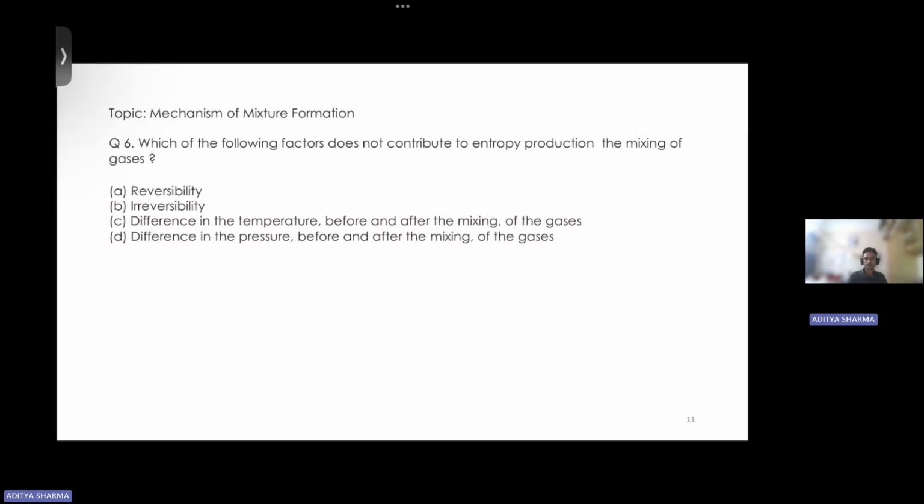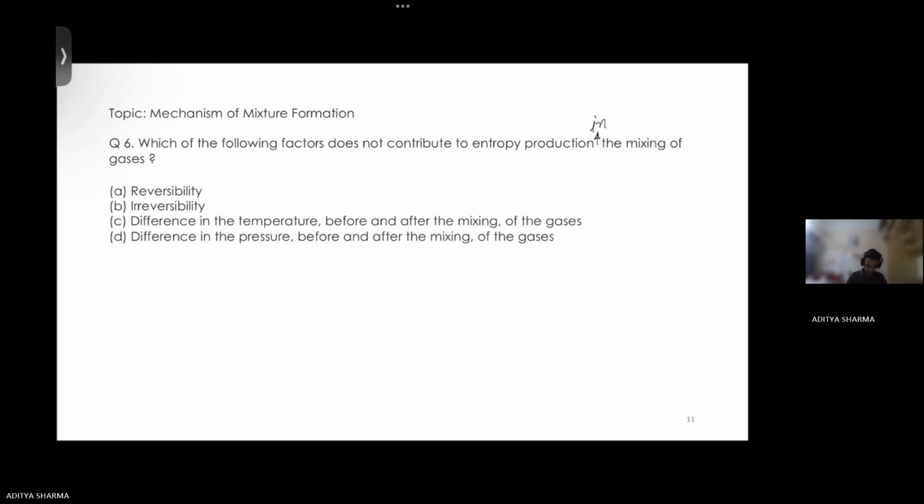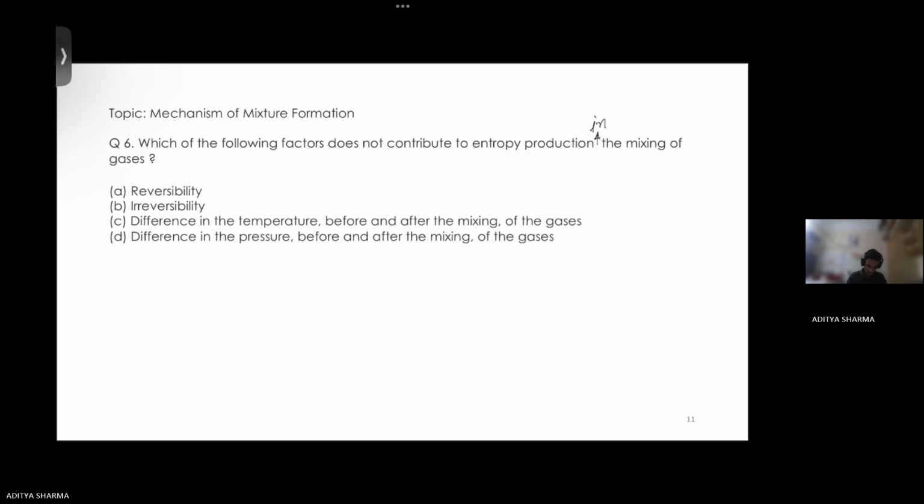So four options we have. First option is reversibility.